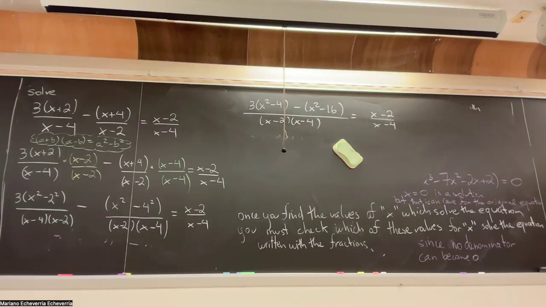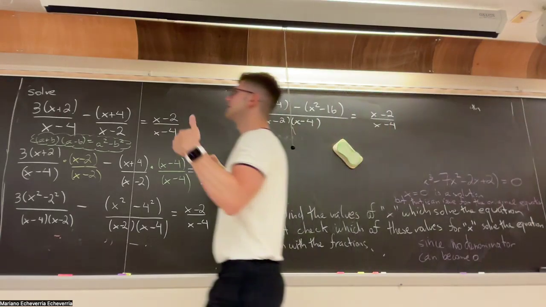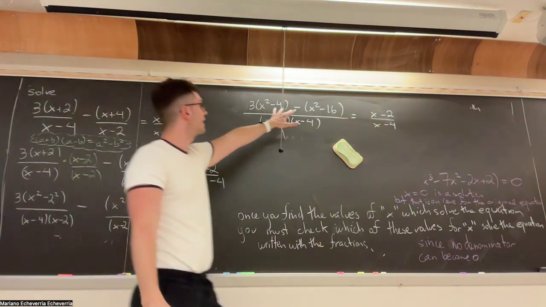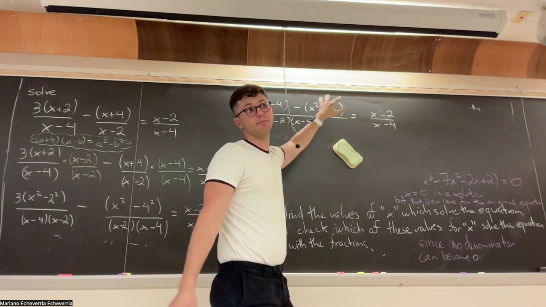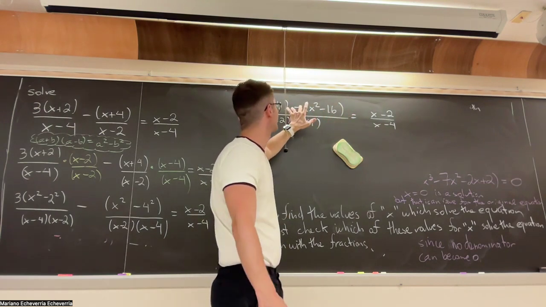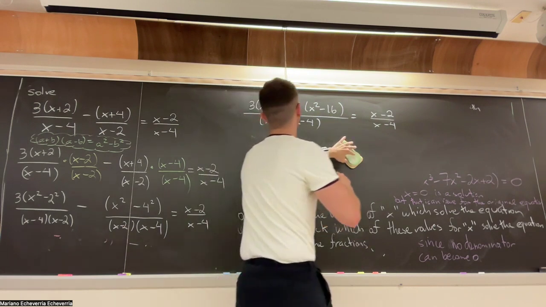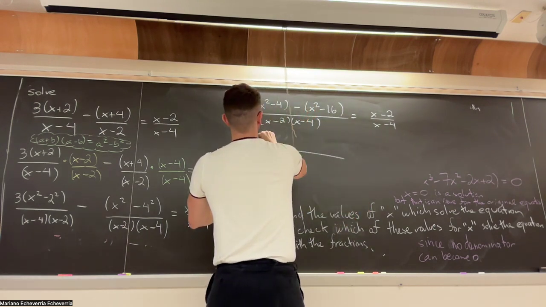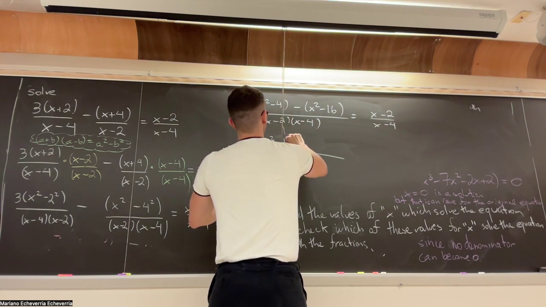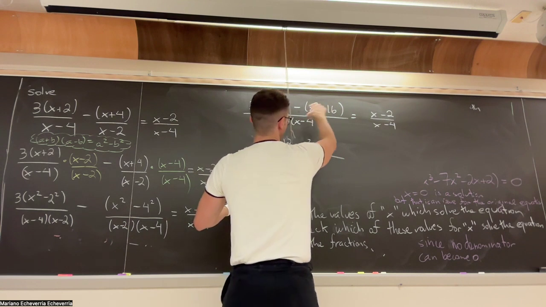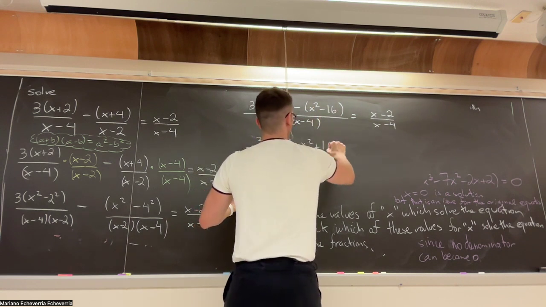And this is, again, an important point, this is why parentheses are useful, because this minus is affecting every term in this parenthesis, right? So when you multiply by a negative, it will change the sign of each term inside the parenthesis. So let's see what happens here. This becomes 3x squared minus 12, and then this minus sign affects both terms, so minus x squared, and then flips the sign for the other one, plus 16.